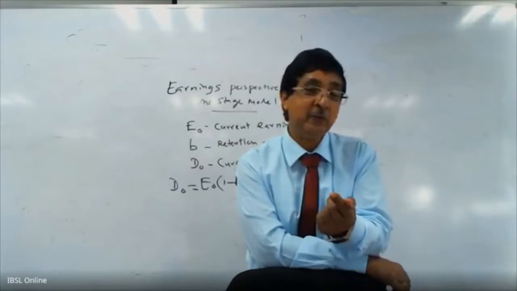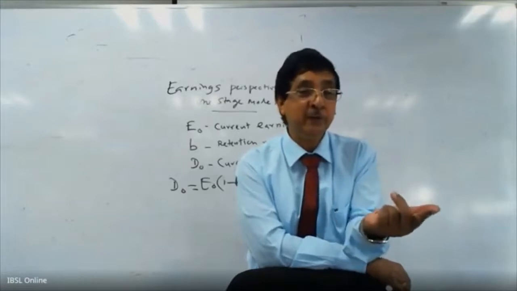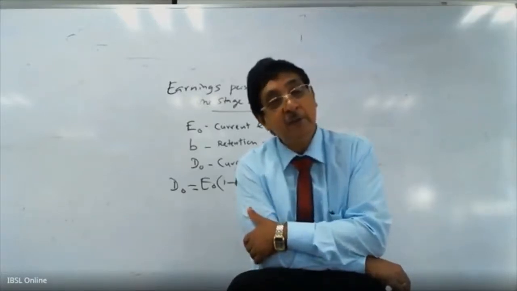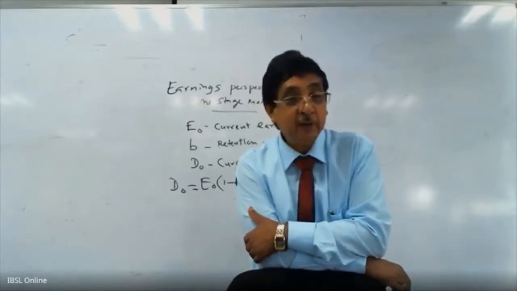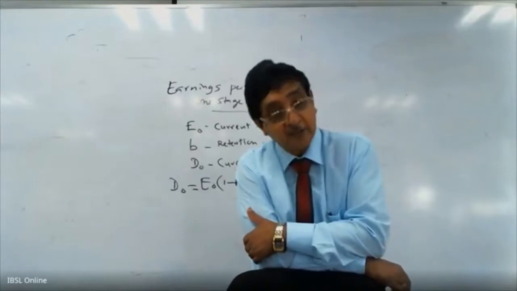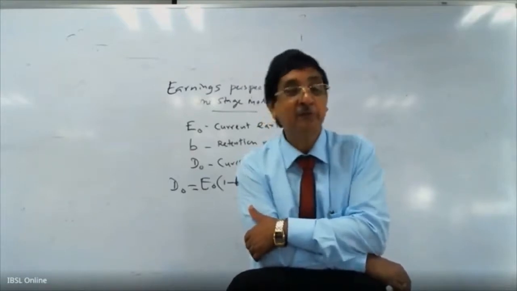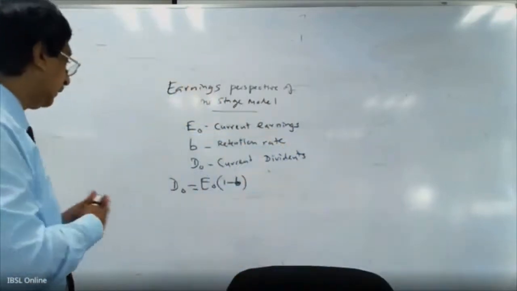So if you experience an earnings growth of 50%, the same growth will happen to the dividends. Then the G, that is the growth rate of dividends, can be applied similarly to the earnings also.